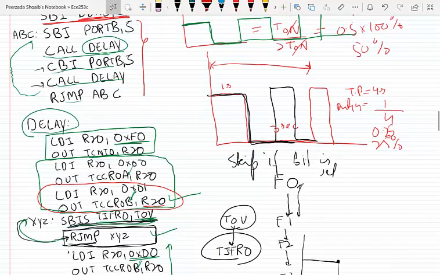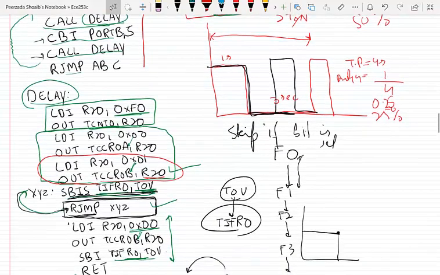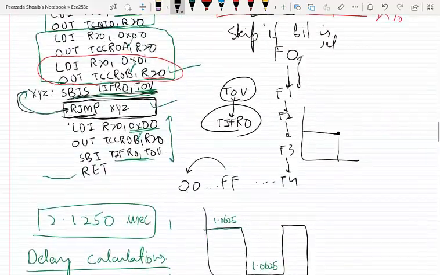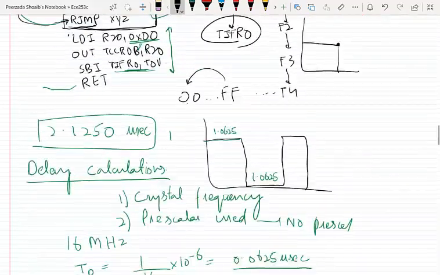In this program we will be loading 0 0 into TCCR0A, and 0 1 into TCCR0B, because we are again using normal mode with no prescaling. But into TCNT0, instead of loading 0xF0, we will be loading FB, because this time we want a time delay of 50 microseconds. I don't think there will be any other change.